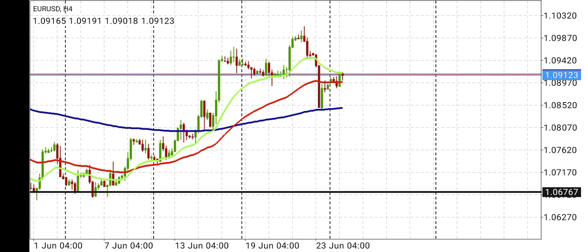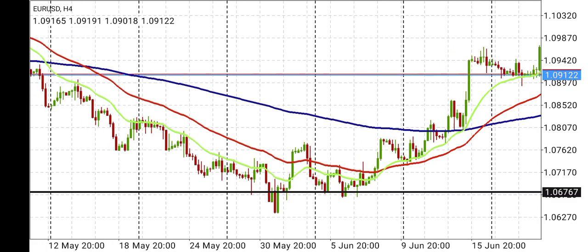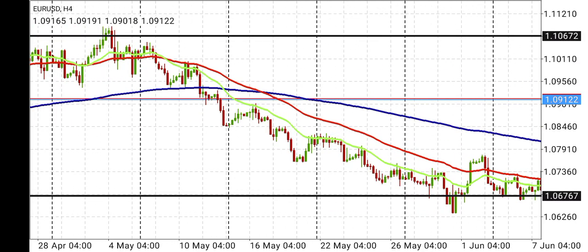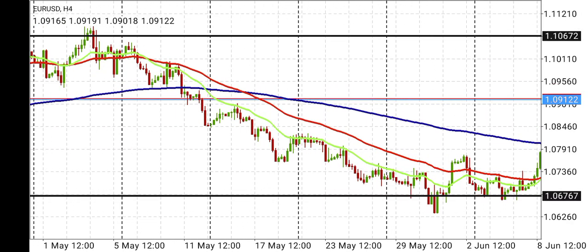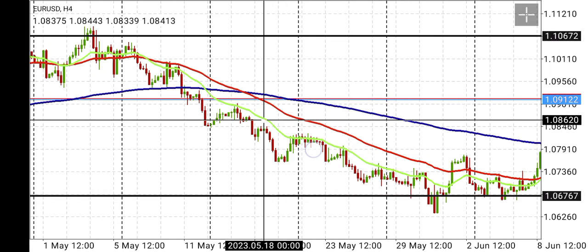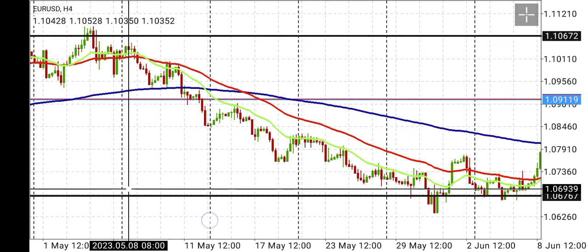Now what do you do if you want to trade this market currently? Because me looking at it, you can see it is almost at the middle of a channel. Yes, the market is between this level and this level.